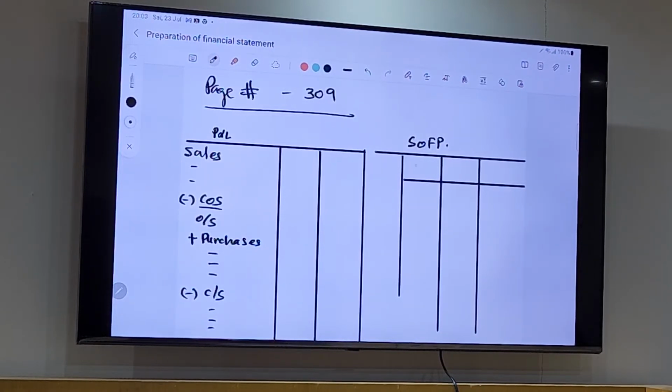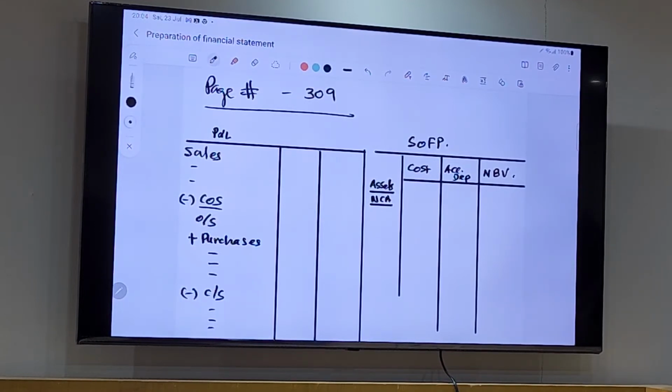Anyway, you have here cost, accumulated depreciation, and net book value. So here you will have assets, non-current assets, based on what you see in the trial balance.